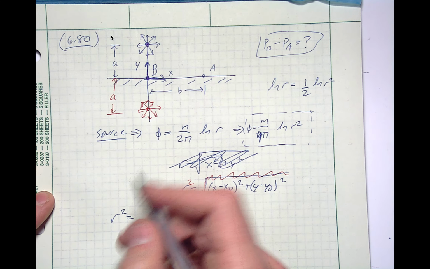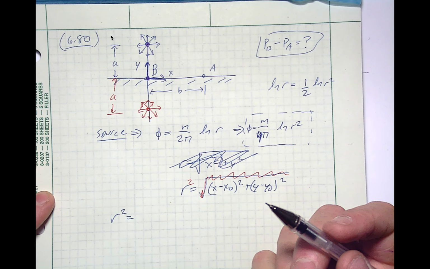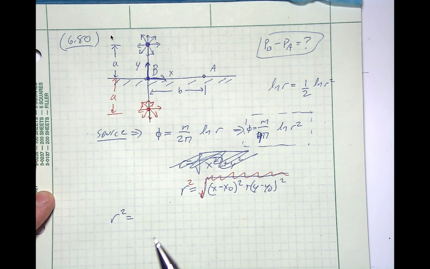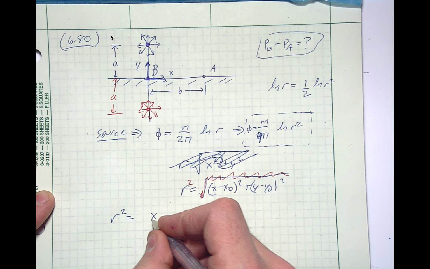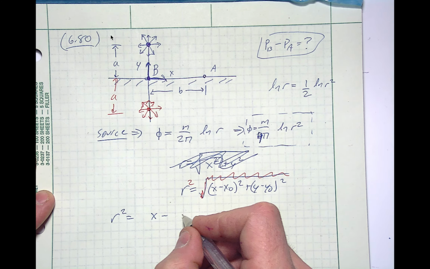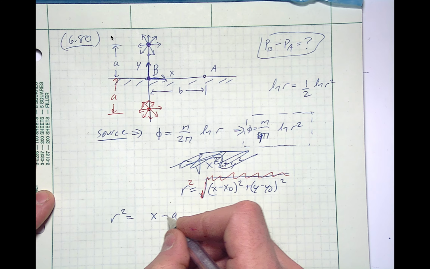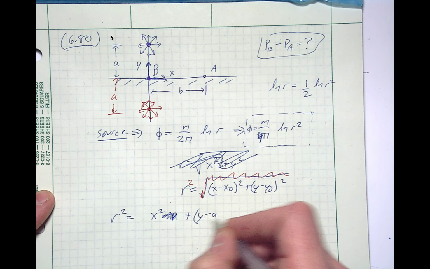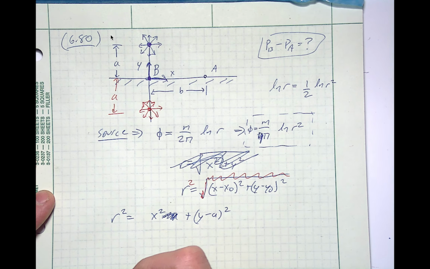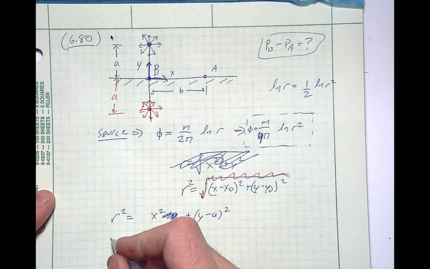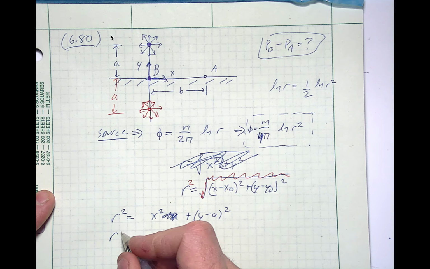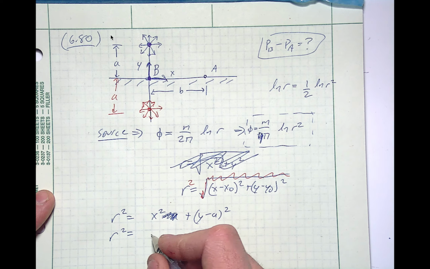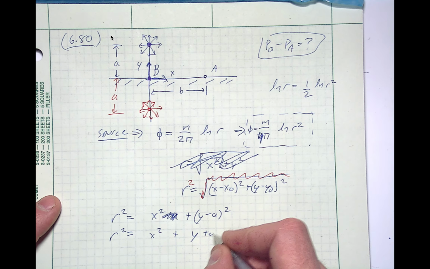So for our point source, our real source for our pipe, that's just going to be r squared equals x squared plus y minus a squared. And for our image source here, r squared is going to be x squared plus y plus a squared.